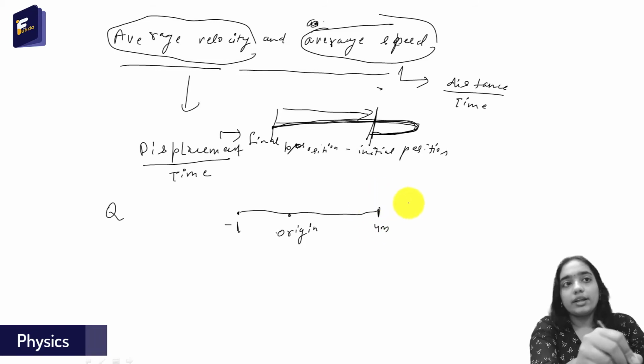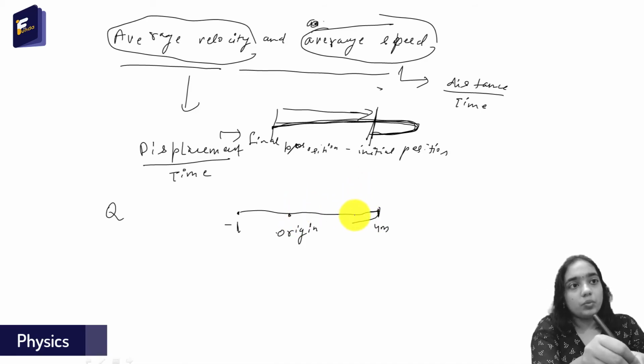Then it went backwards along the same straight line, and it went to x equal to -3. -3 meter is the final position of the particle.